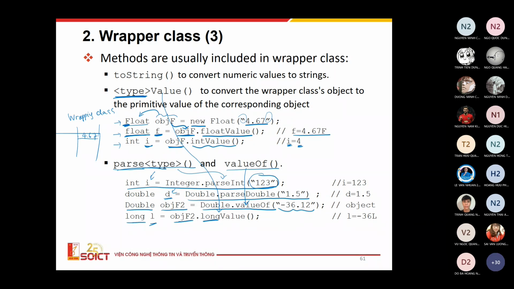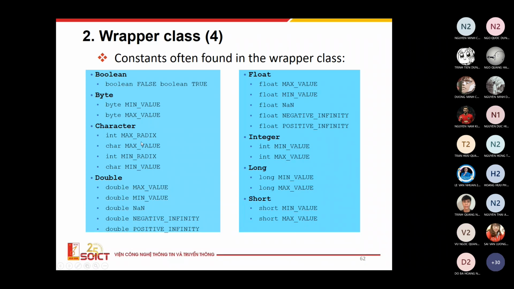So these are some common methods you can use for the wrapper classes. And each class has some constant attributes, for example the min value or the max value, and they can have other constants that you often find in the wrapper classes.